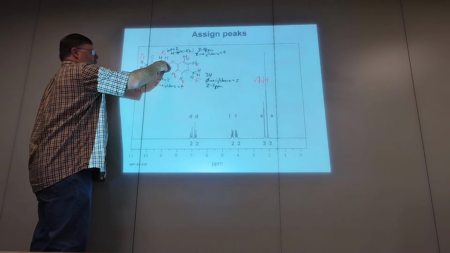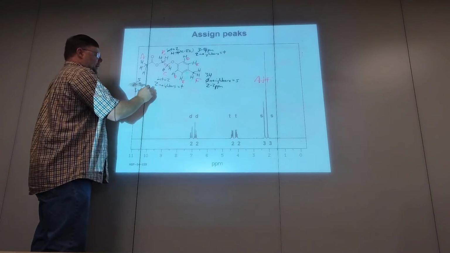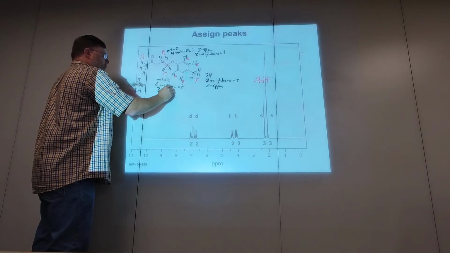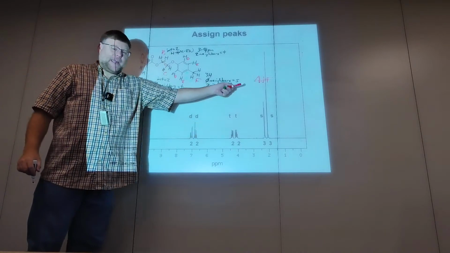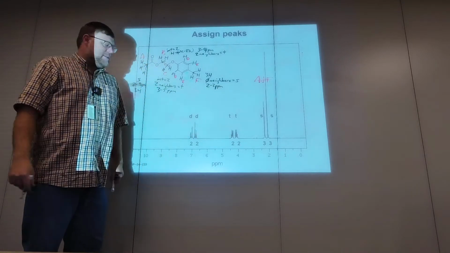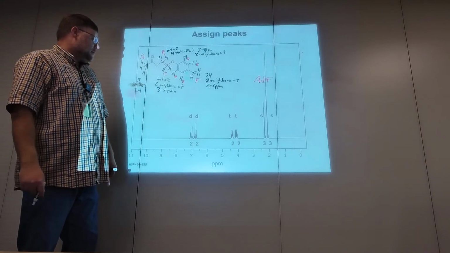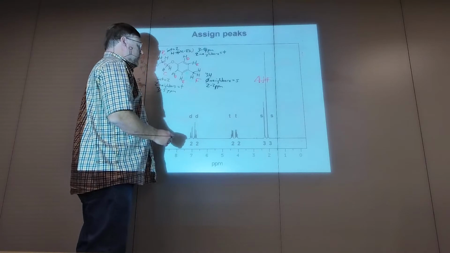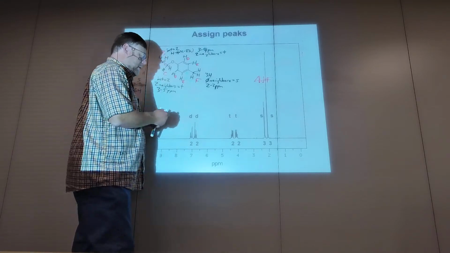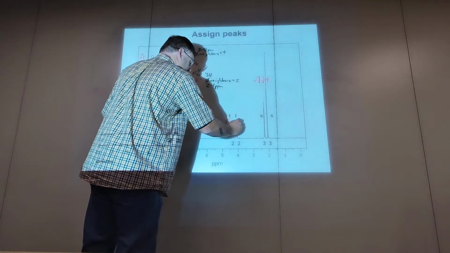Proton bonded to an sp3 carbon, bonded to an electronegative atom, 3 to 5 parts per million. It's the same as B. So B and C, just like A and F, we don't have enough data to differentiate. All you can say is these 2 are B and C.